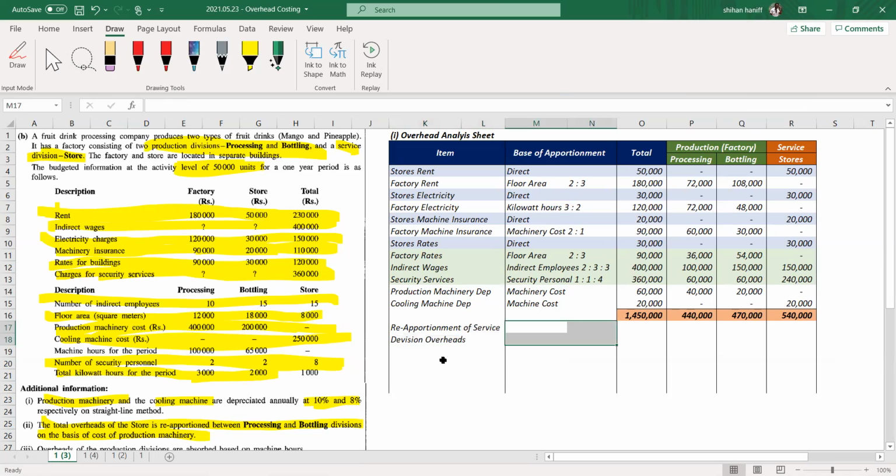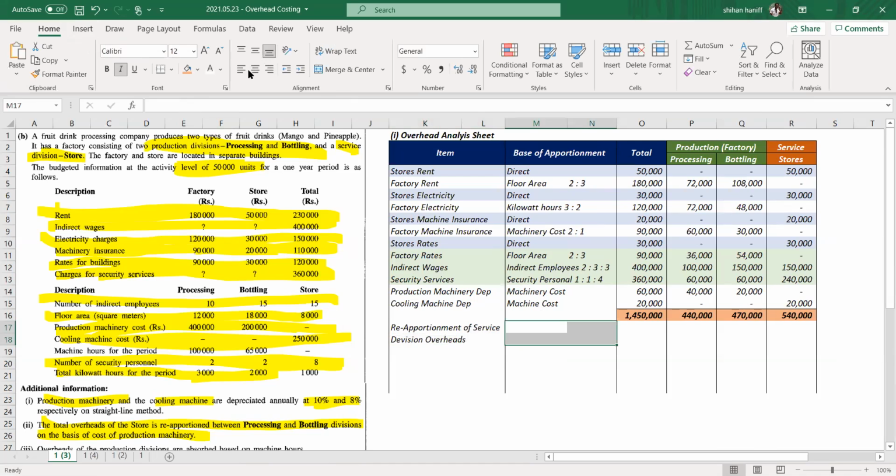What is the basis? Production machinery cost. Production machine cost is 2:1.